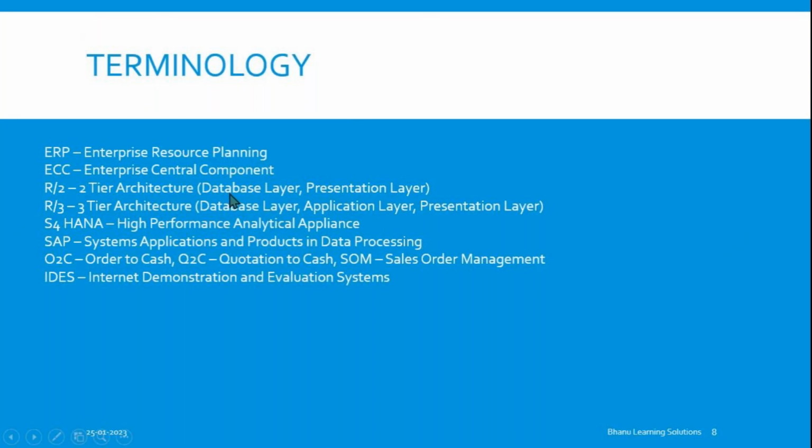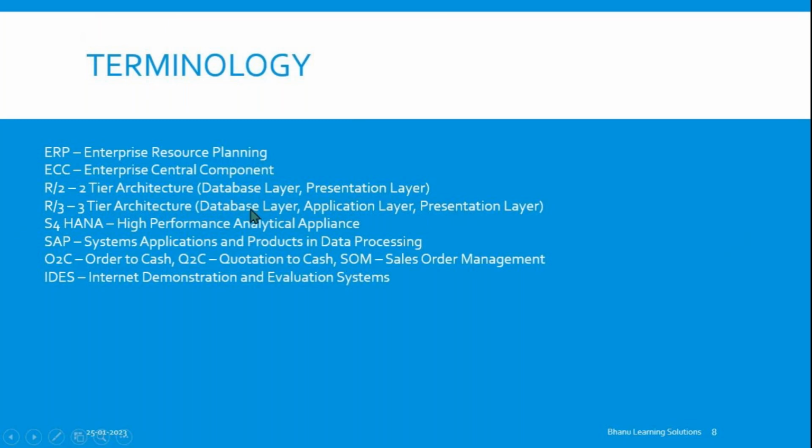And when you execute something, that is the presentation layer. Before it comes to the presentation layer, there is an application layer in the middle. The application layer works out what data we are asking for, so the system brings that data from the database table and presents it to the presentation layer.